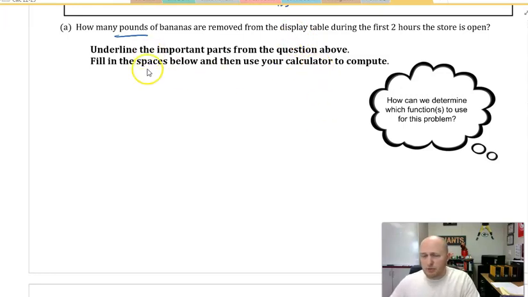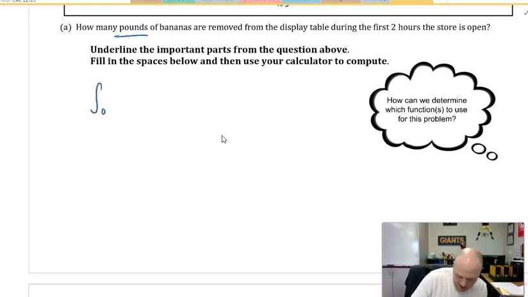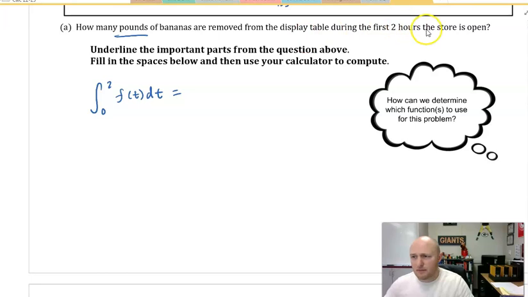So I don't want pounds per hour, okay? So this helps us identify that we're going to integrate the amount being removed, and that is f of t dt. So I want to find this amount. How many bananas are being removed? Now notice I don't use my initial amount too because they're only asking about how many bananas are being removed.